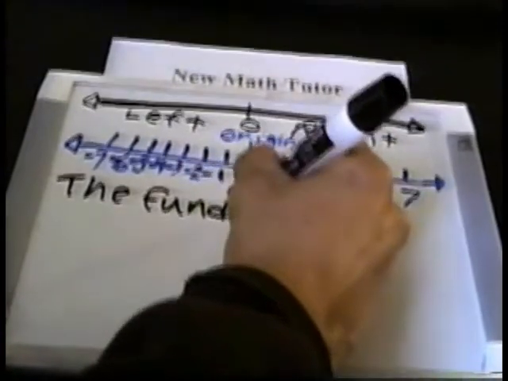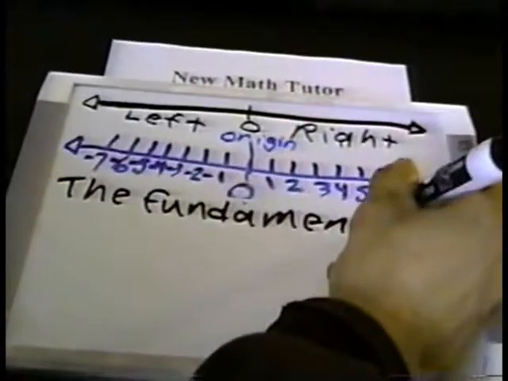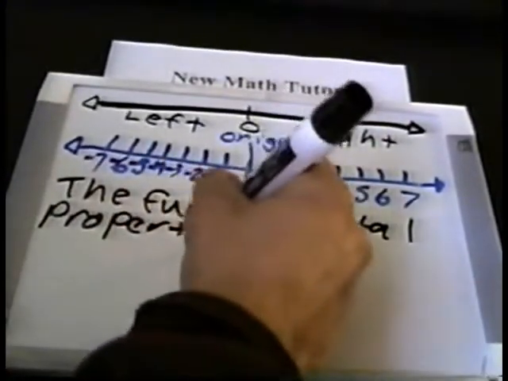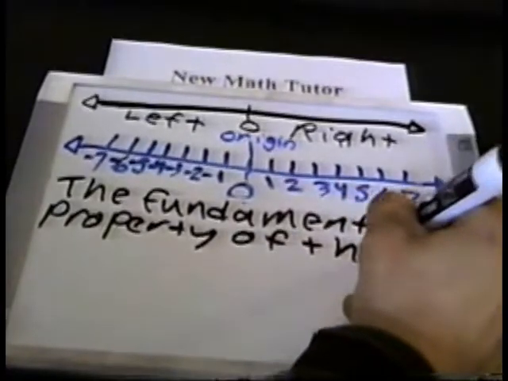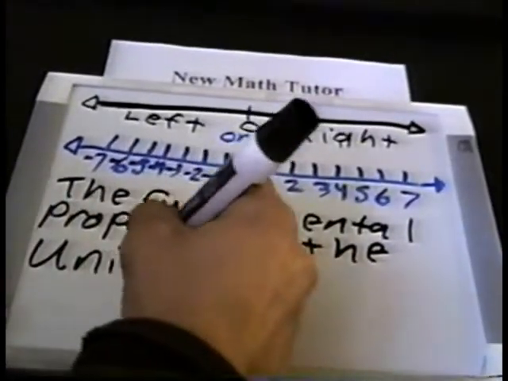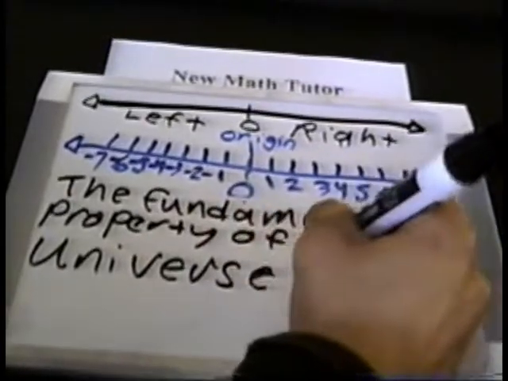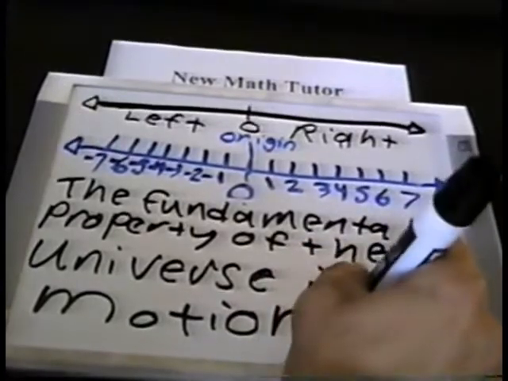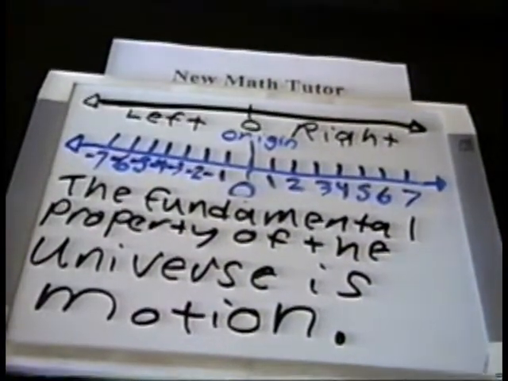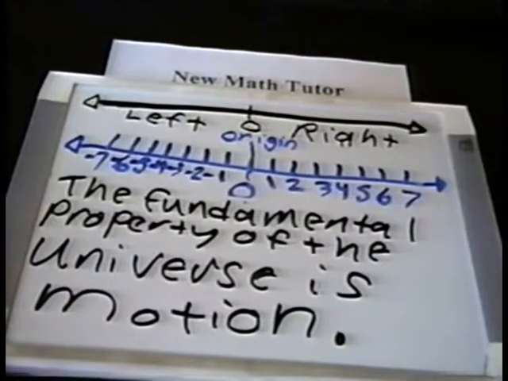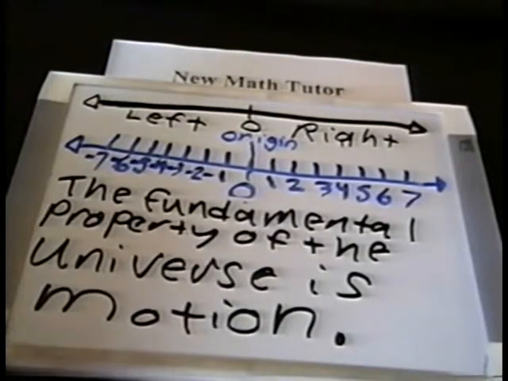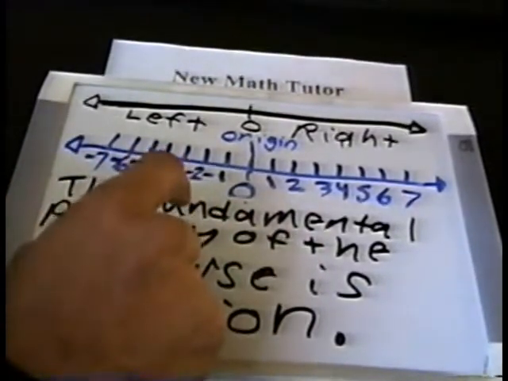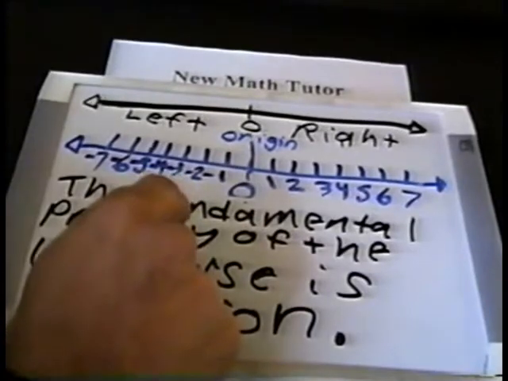So, the fundamental property of the universe is motion.